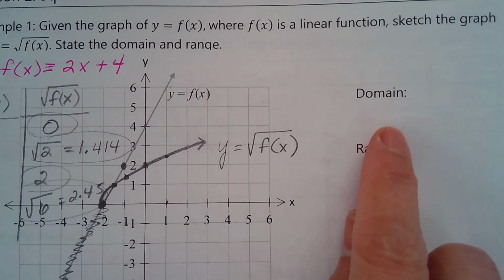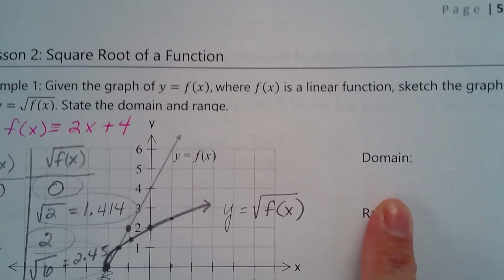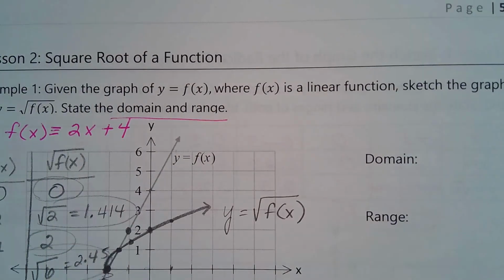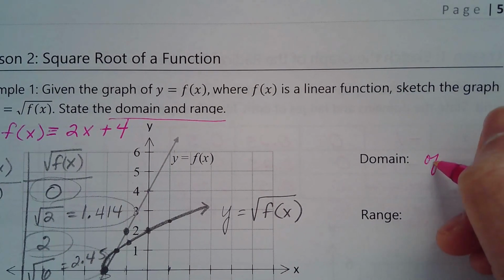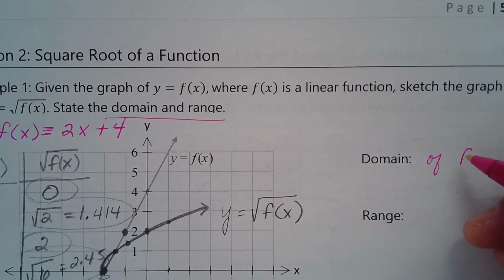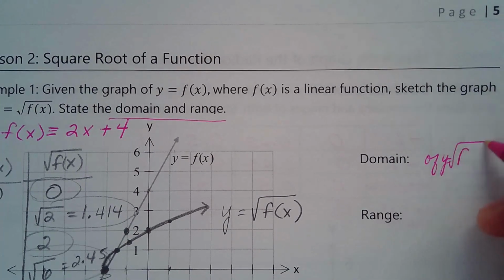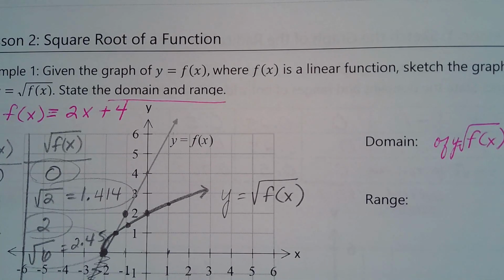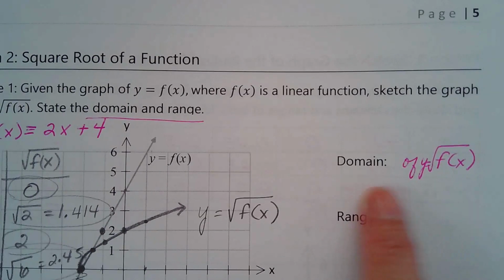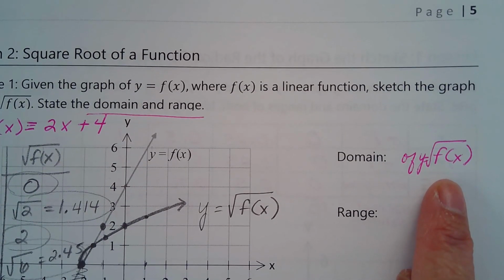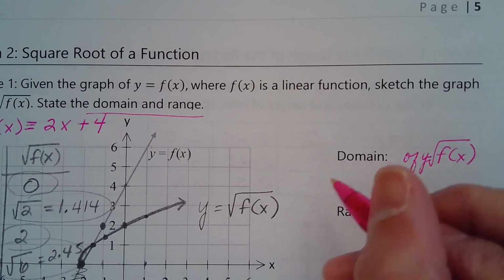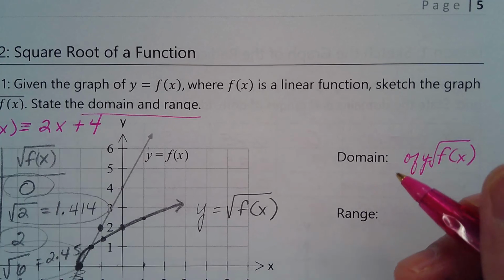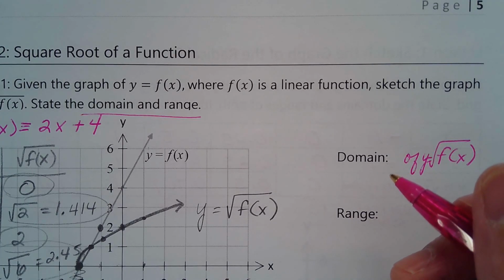Let's first take a look at the domain. State the domain and range of y equals the square root of f of x. So what's the domain of the new radical function? x greater than or equal to -2. Is everybody okay with that one?